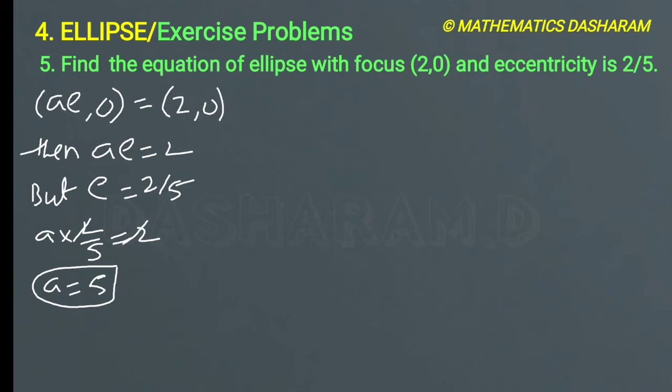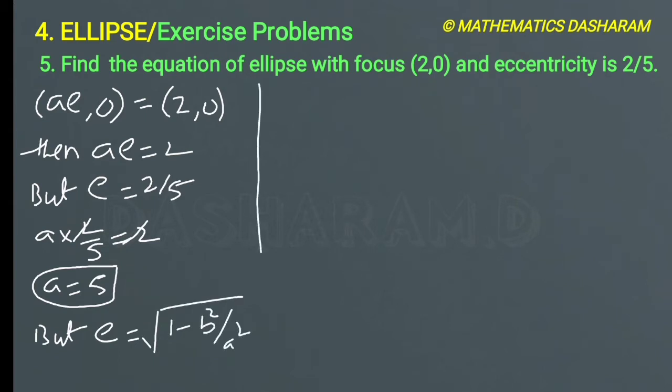To find the b value, I am using the eccentricity formula, that is e equals under root 1 minus b square divided by a square. The e value is 2/5, so 2/5 equals under root 1 minus b square divided by a square, and here the a value is 5.